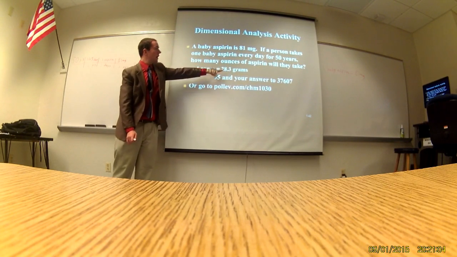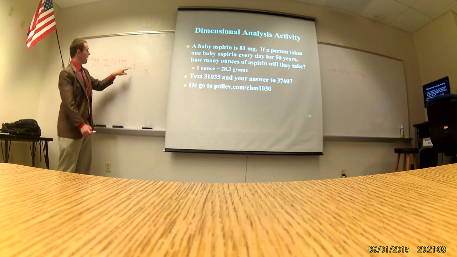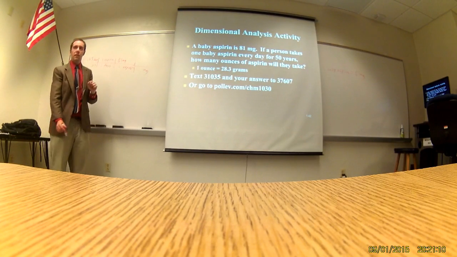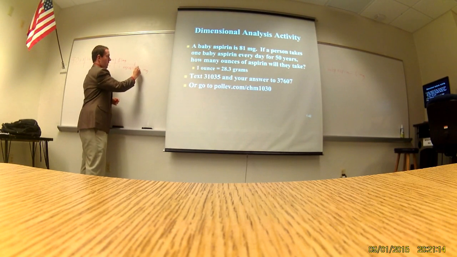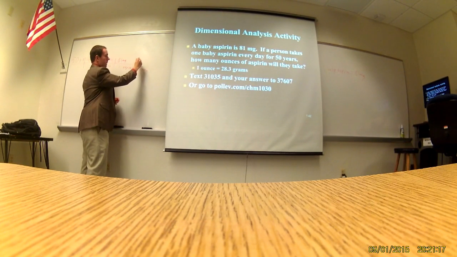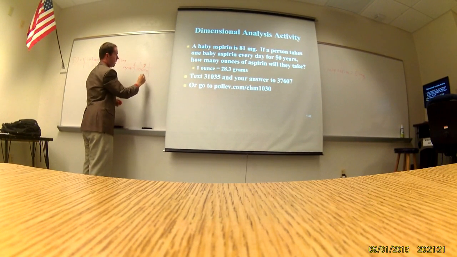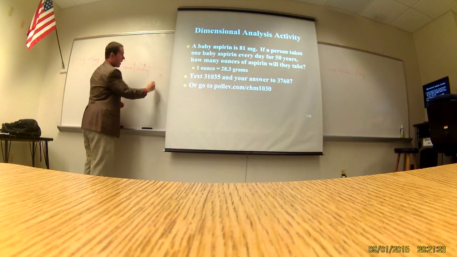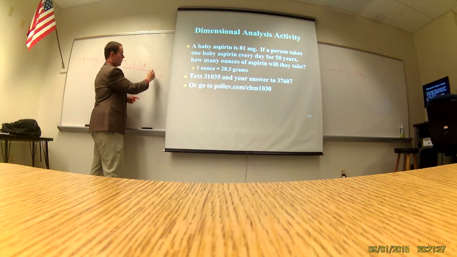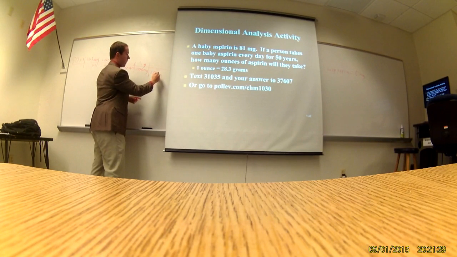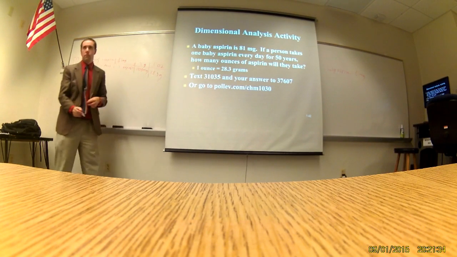And I know how to get from grams to ounces, and we know how to get from milligrams to grams. So what number goes here? 1,000 milligrams equals 1 gram. Gram goes there. 28.3 grams equals 1 ounce.